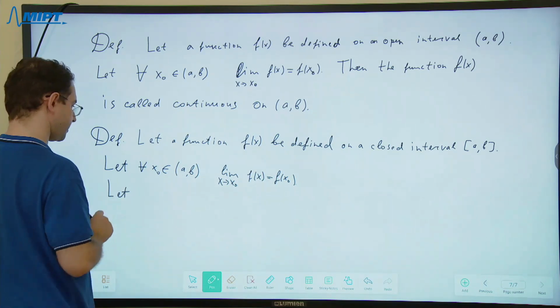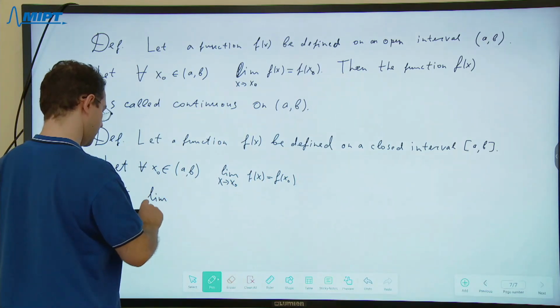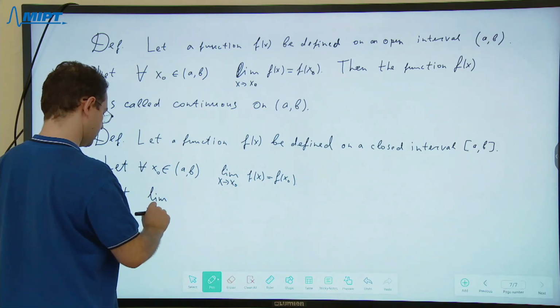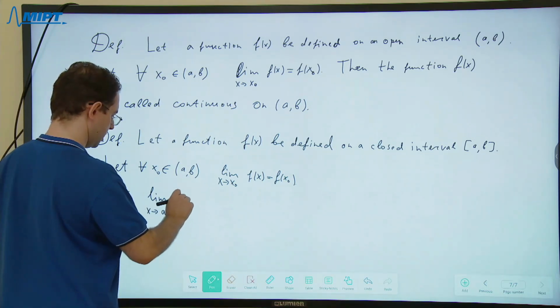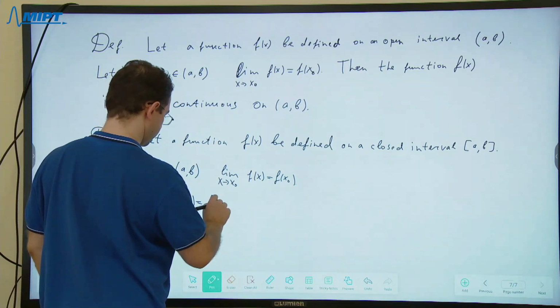Let the limit as x tends to a plus 0 of f of x equal f of a.